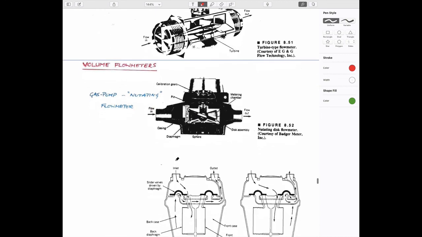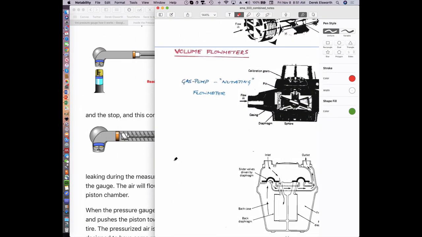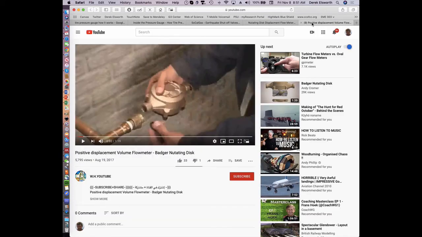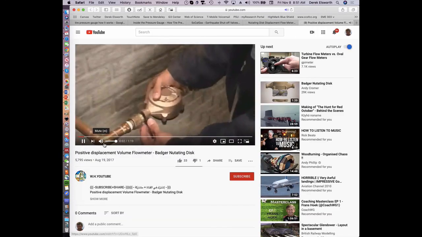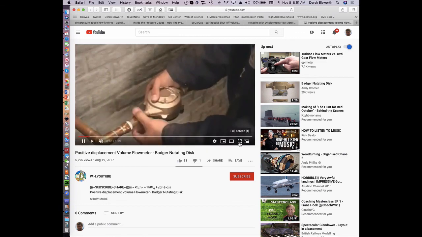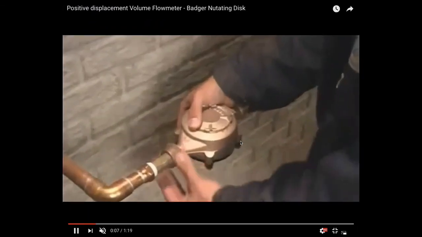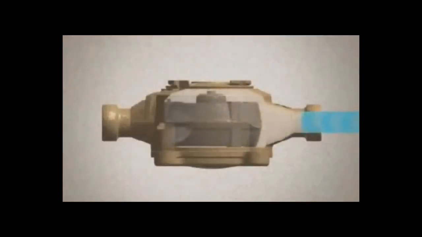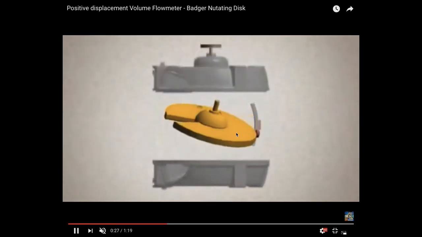And the final one is being able to measure how much volume you put in a bucket. And so the more elegant way of looking at that is to look at the so-called nutating valve, N-U-T-A-T-I-N-G, which basically has a coin in it on a vertical spindle, and the coin, if you like, is off angle, and that coin spins around on this axis as you flow fluid into this chamber.